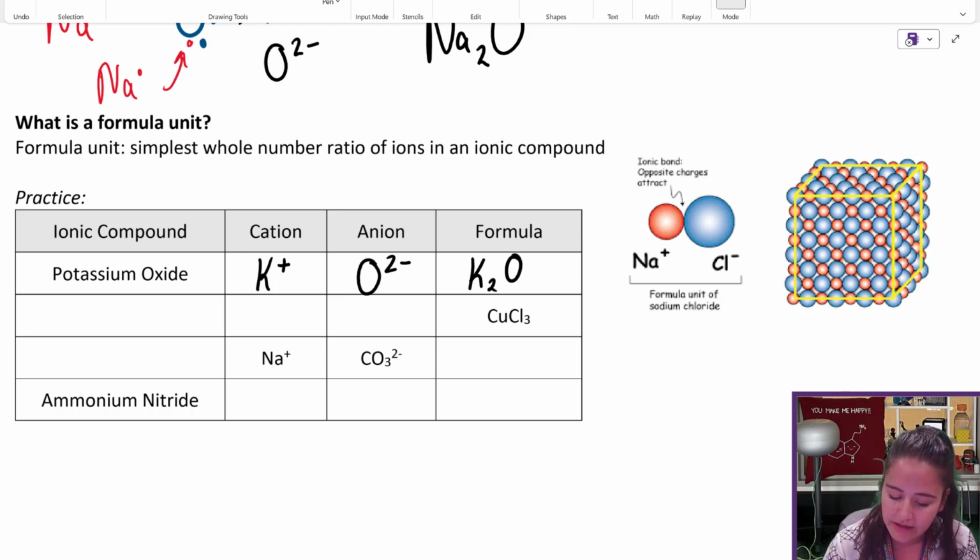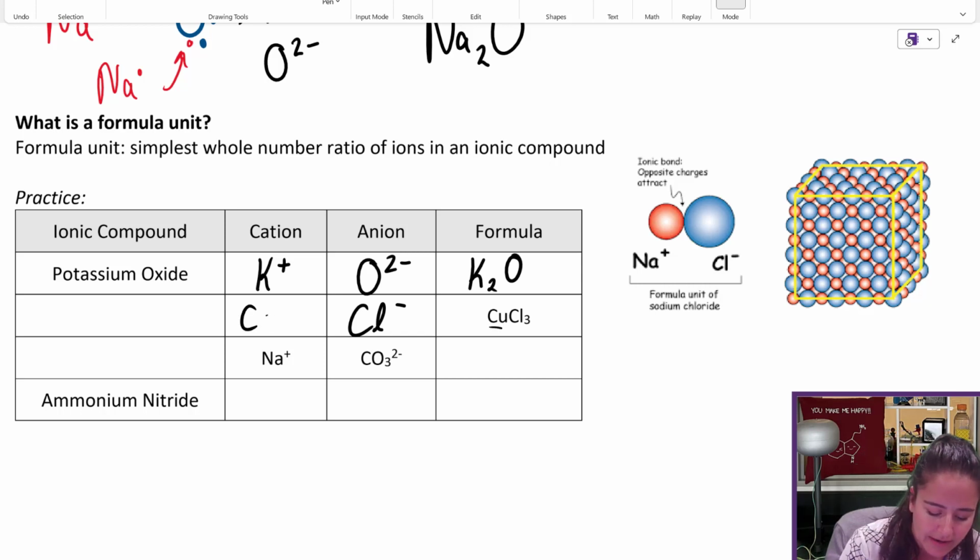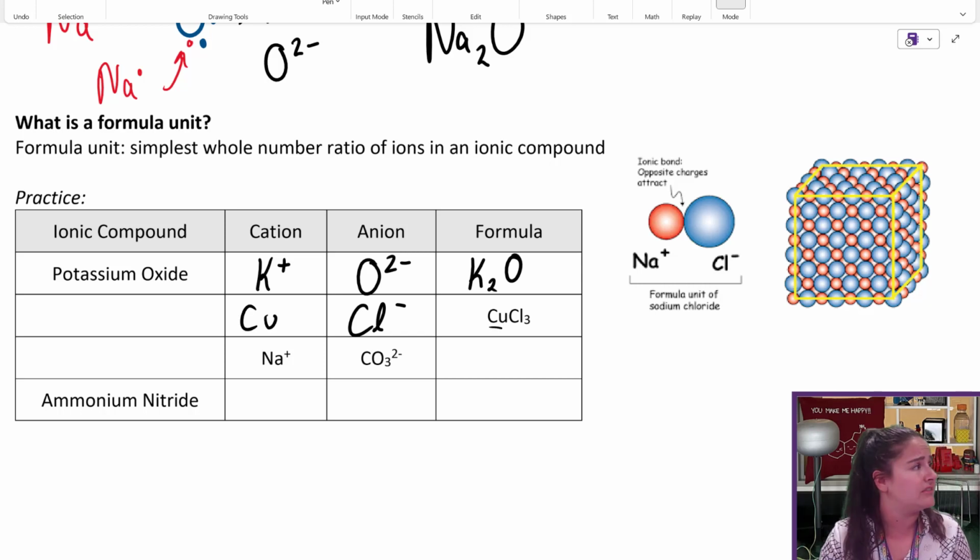Okay, and then if we're given a formula, copper chloride, well, chlorine is always Cl- because it has 7 valence electrons. Copper is a weird one, okay? Copper can have different charges. It's a transition metal in that middle part of the periodic table. So we have to use the formula to figure out the charge.